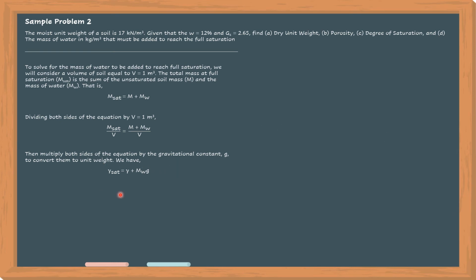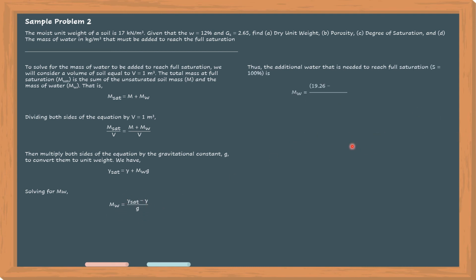This equation is derived from the equation above. And then solving for the mass of water as our unknown, we have M sub W is equal to gamma saturated minus moist unit weight, or gamma, divided by g. So yun na yung additional mass of water that we need to add in order to reach full saturation.